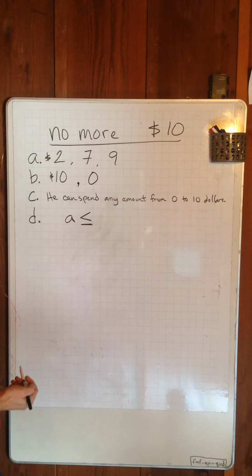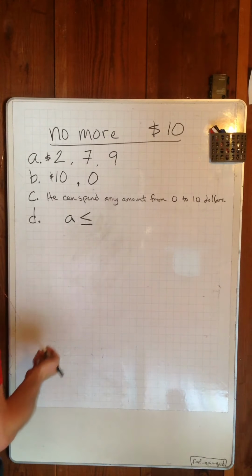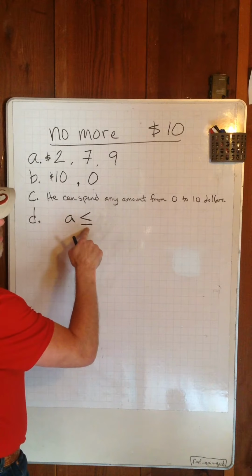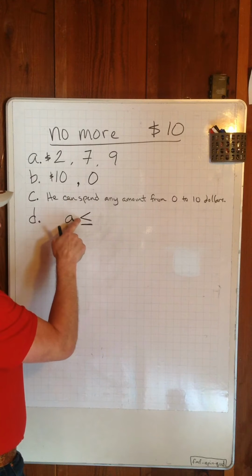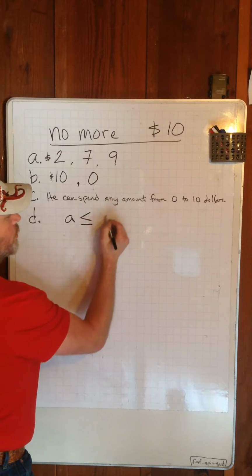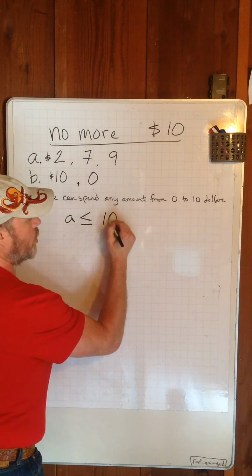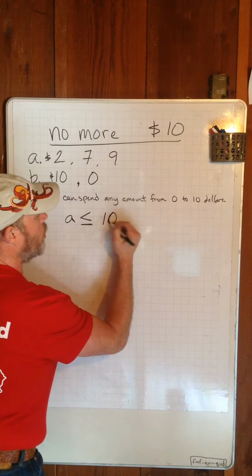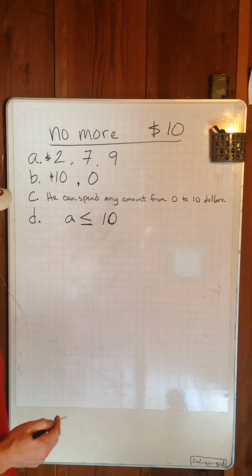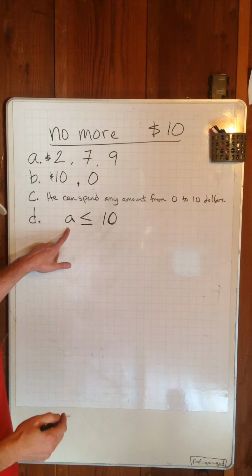It's like the bottom half of an equal sign. And so now that is showing us that A can be equal to or less than, and then my amount was $10. So 10. And now I've written an inequality to represent the amount that Taylon can spend at the arcade in terms of A.